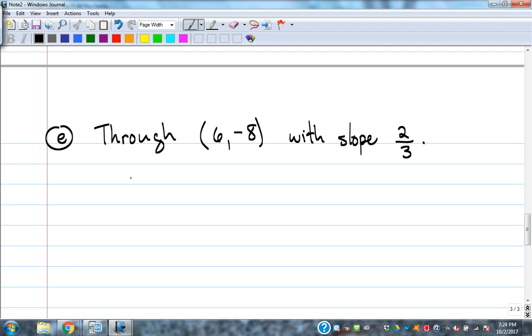So I'm going to start with point slope form. y minus -8 equals the slope, parentheses, x minus 6. And then I'm going to work toward getting y by itself.